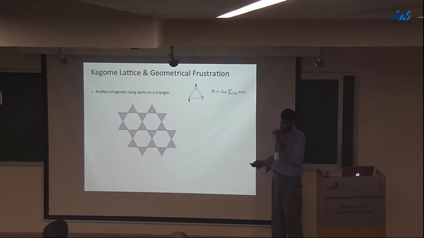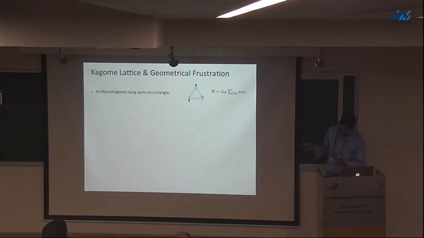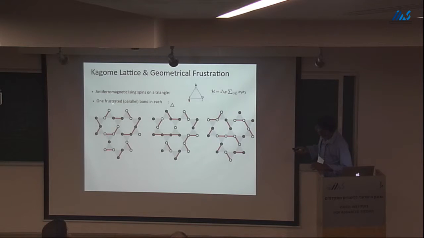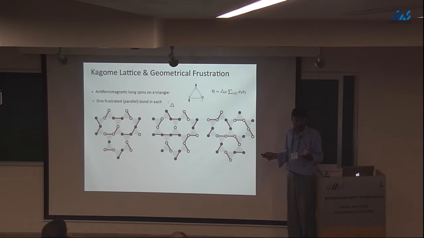So let me just do magnetism for a second. Suppose I take a triangle; basically Kagome is a corner-sharing triangular lattice. If I put antiferromagnetism, I put two spins this way, the third spin is going to be frustrated. You can never satisfy that. What that means is that if I take the Kagome lattice, one of the bonds on each triangle will always be frustrated.